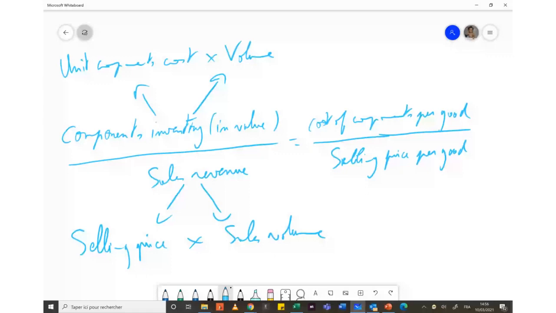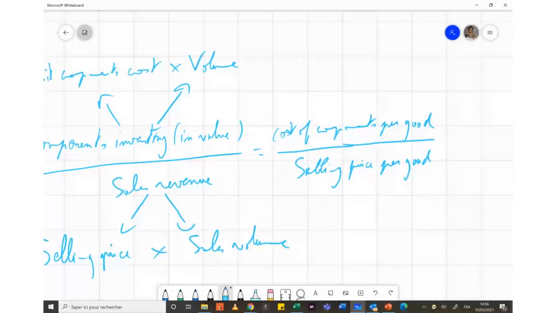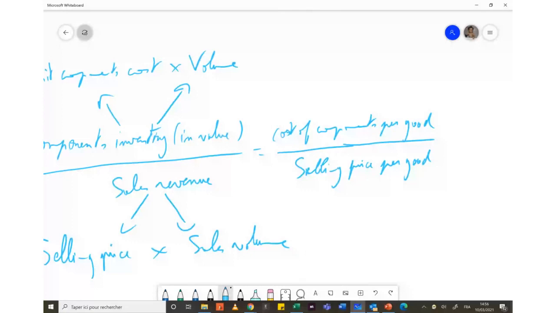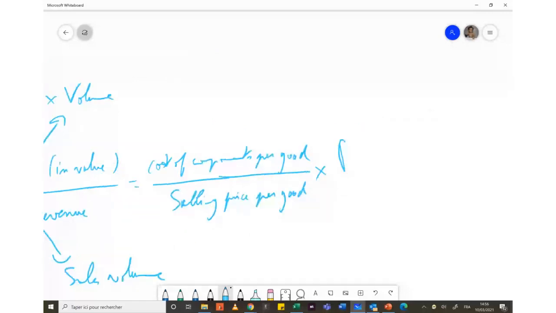So here we transform unit cost, and it will be in function of the volume you want to keep in your inventory in proportion of what you sell, multiplied by the proportion of components in function of sales volume.